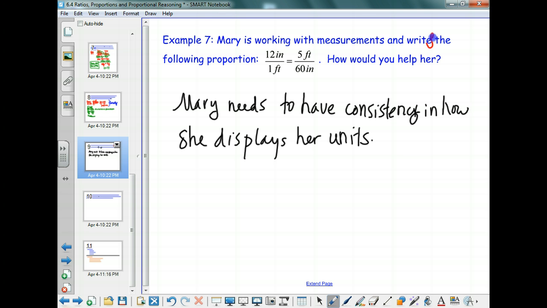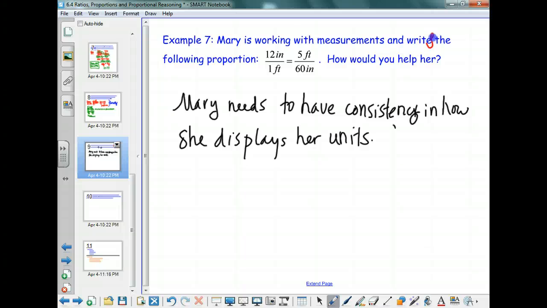Because right now, 12 inches is equal to 1 foot, so it's reasonable to put those on top of each other. And 5 feet is equal to 60 inches, so it's reasonable to put those on top of each other. The part that's causing problems is right now, she doesn't have always inches on top and feet on bottom or vice versa. She's mixing up the location of where she's putting things, right?